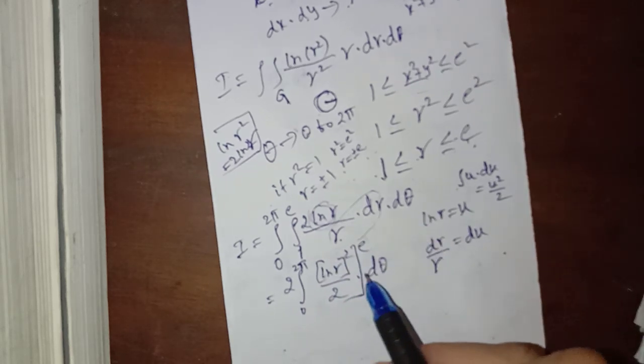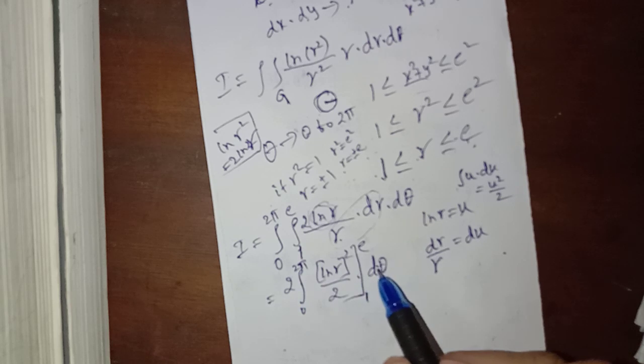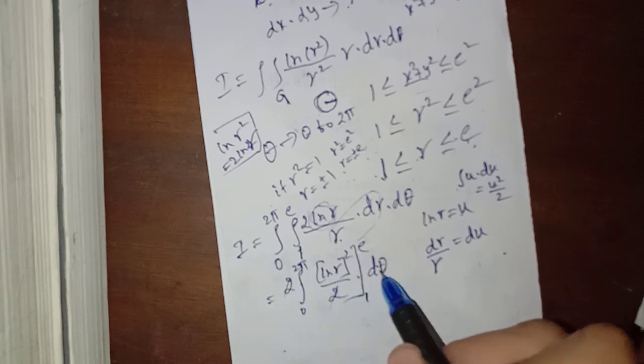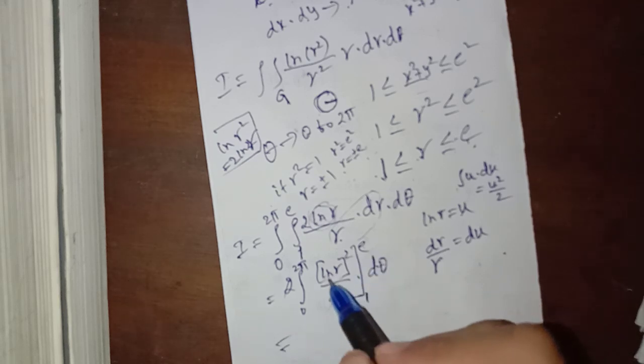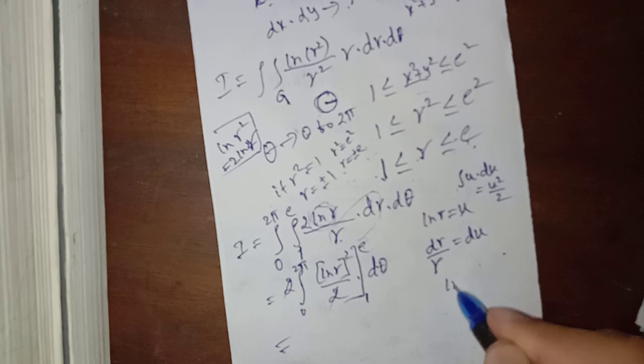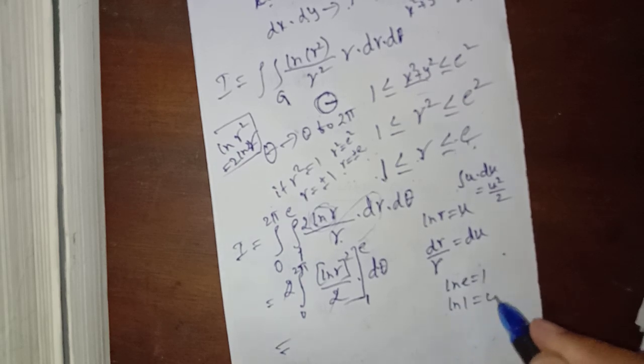Now here 2 cancels out, and if we apply the limits e and 1, ln and e are inverse, so ln e is equal to 1 and ln 1 is equal to 0.